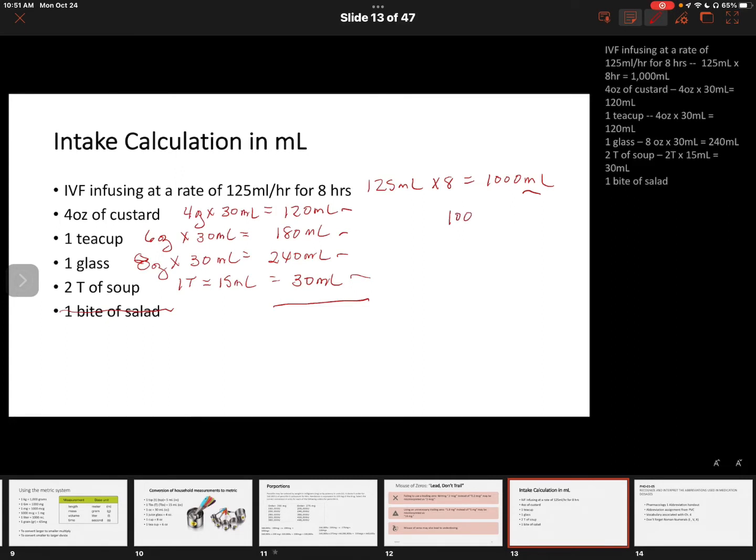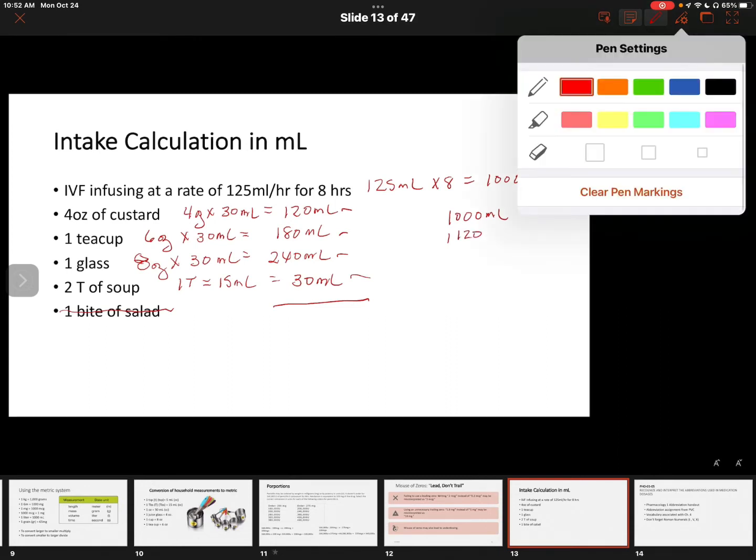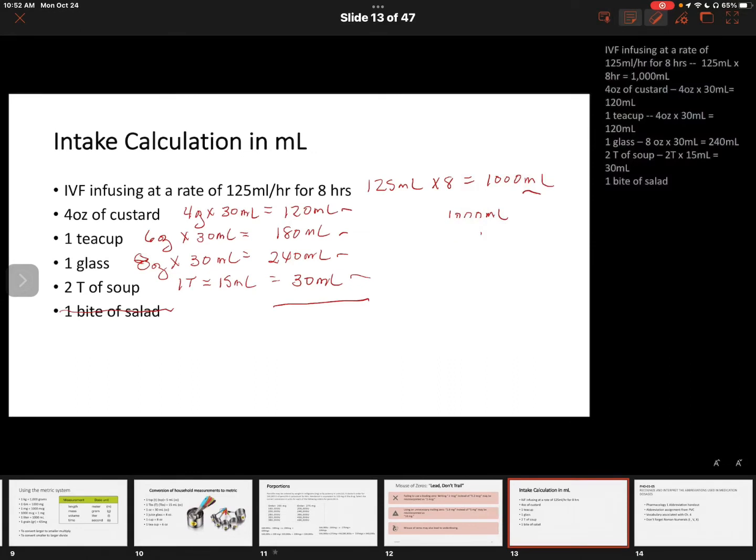So I have 1,000 milliliters. I have 120, because I want to make sure that I put those in line.